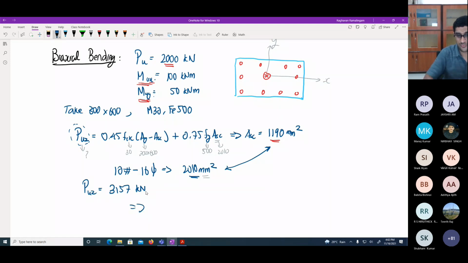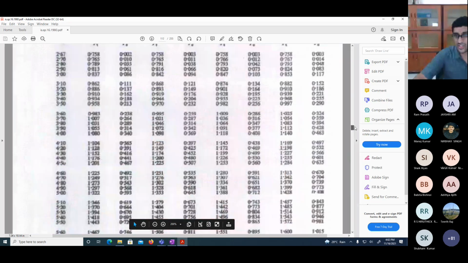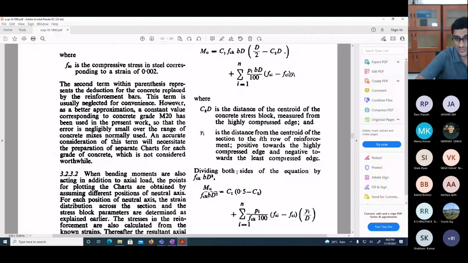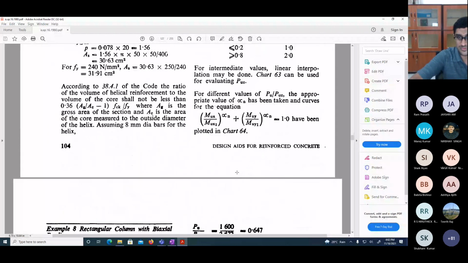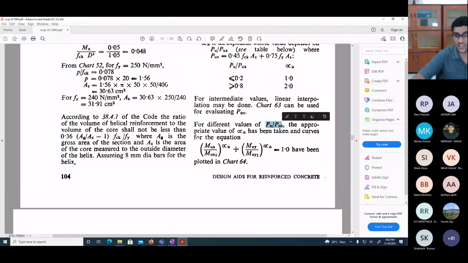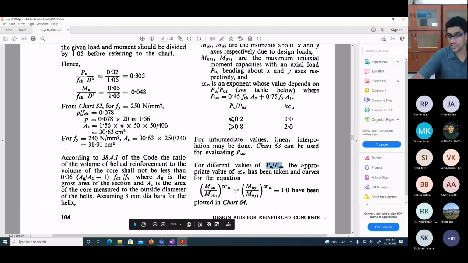The next thing that you need is this value PU by PUZ. Based on that, you will be calculating a certain coefficient.